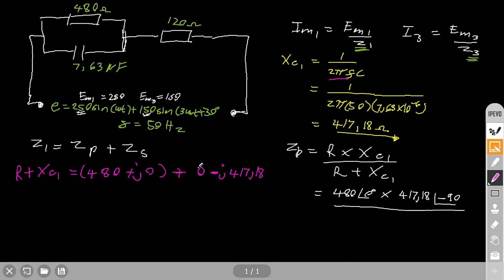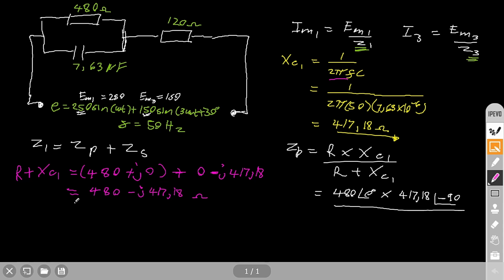Okay, then you add the two. You add the first numbers together, so 480 plus 0 is going to give you 480. And then the j's, you're going to get negative j 417.18 ohms.